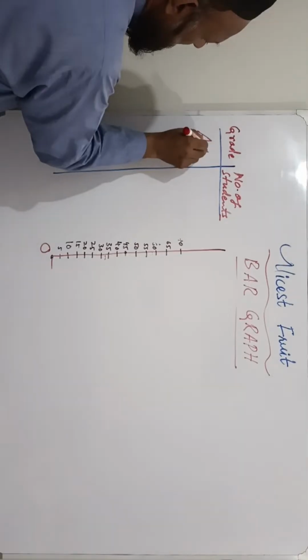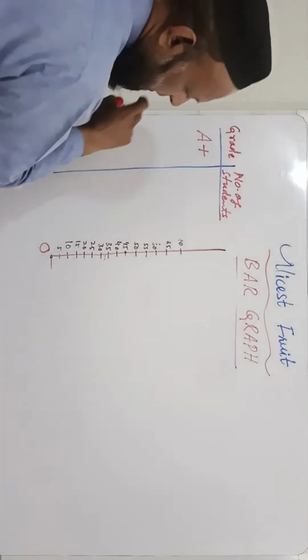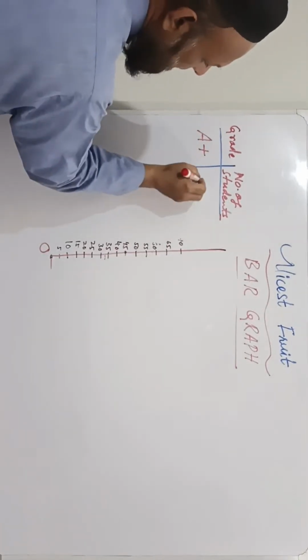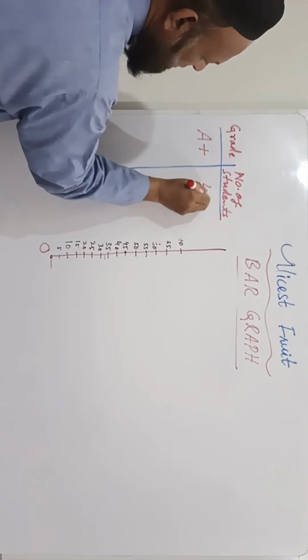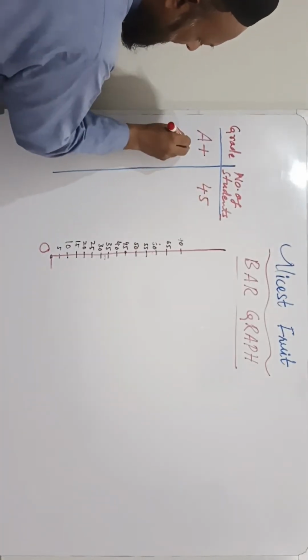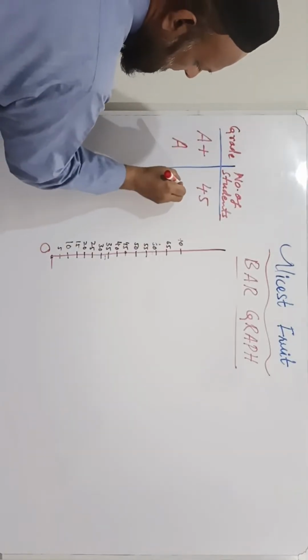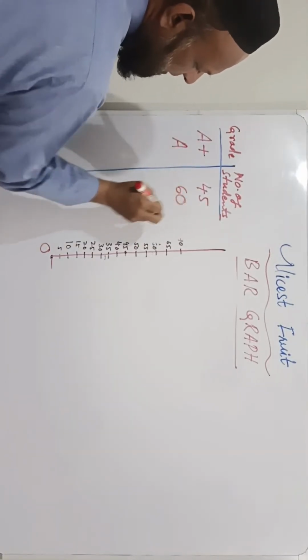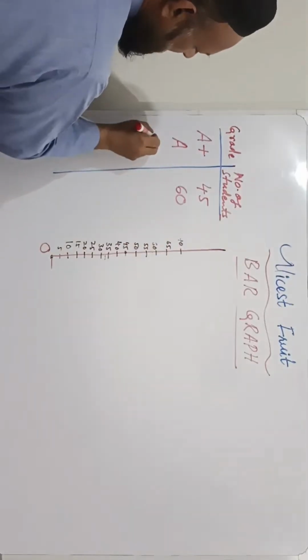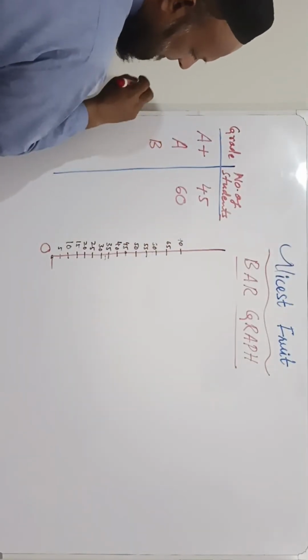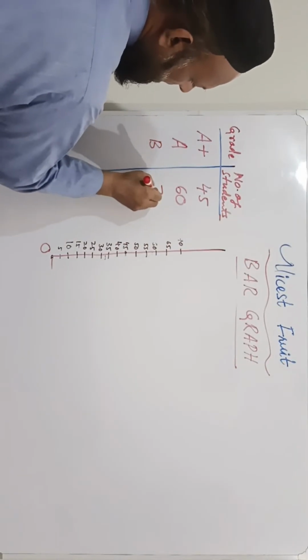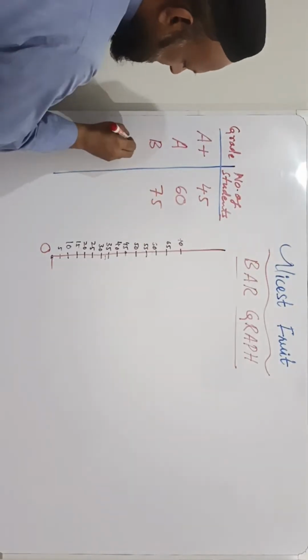A plus, let's suppose 45 students. A grade, 60 students. B grade, 75.